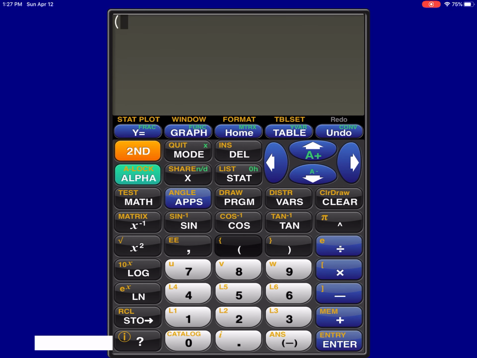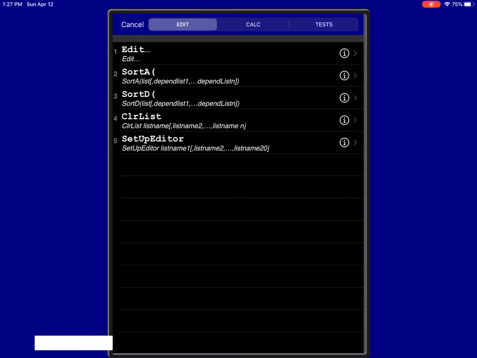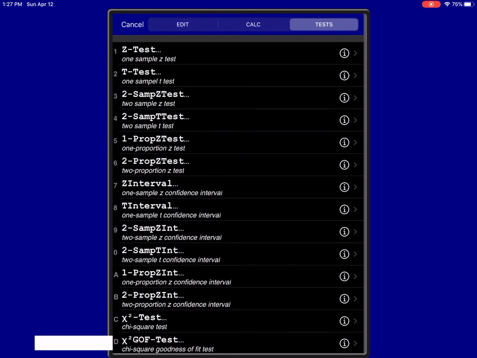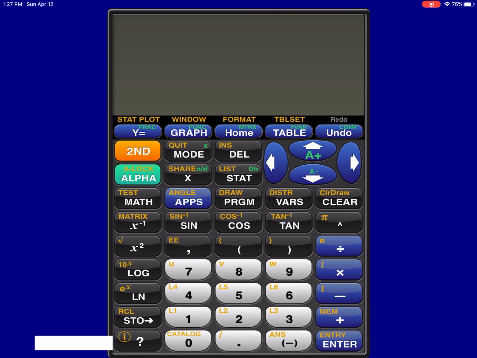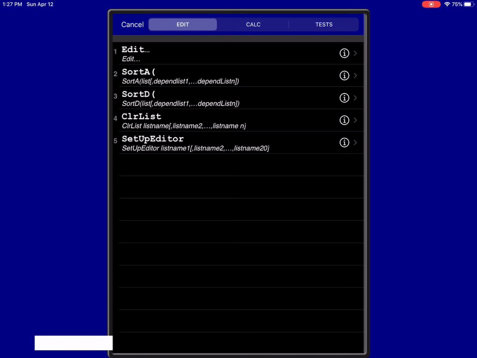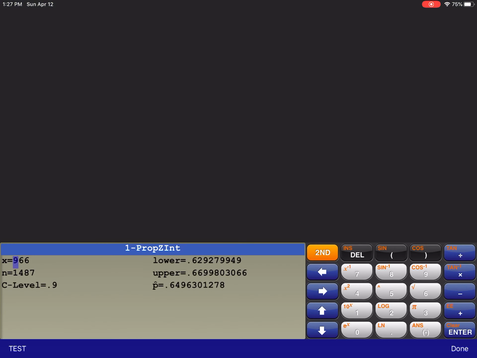Okay, and mine doesn't get it. Let's try that again. 1-proportion Z interval, enter, done. So it doesn't show up on this screen here. For this calculator I'm using, it shows up on the right side. We're looking at lower, upper, and then p hat.